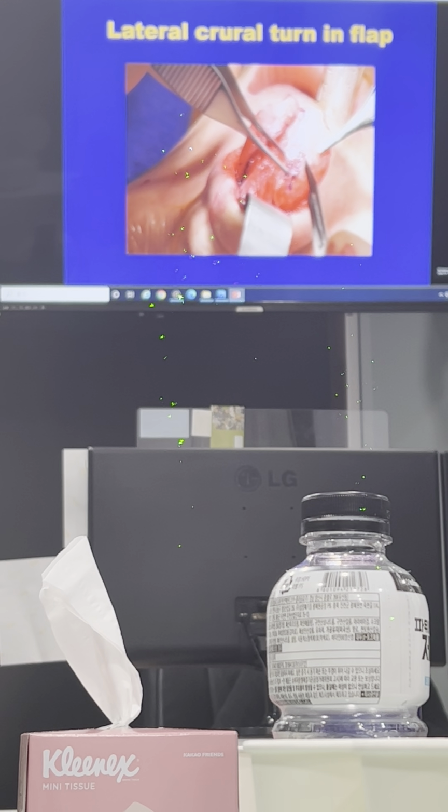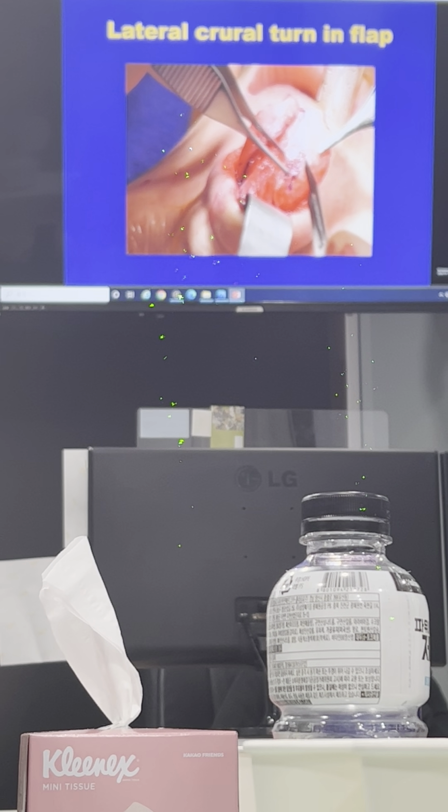It's possible too. At first, separate the lower lateral cartilage into lower part and upper part. It's possible to fold like this and suture. Sometimes I dissect a little mucosa, and after that, slide it in and suture. Two techniques are possible: just cut and fold, or cut and slide. Both are possible.